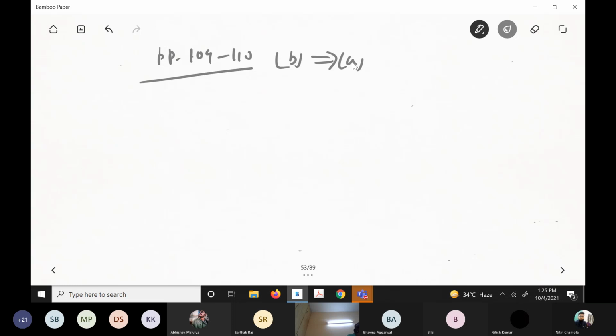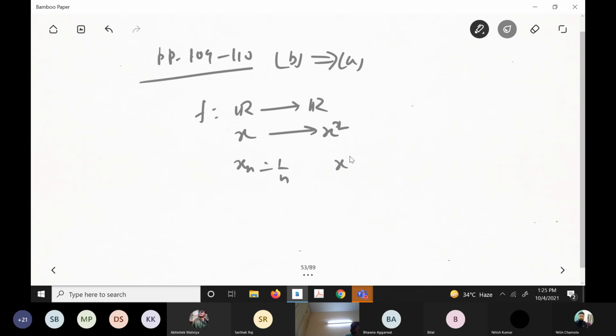Now look at the example I said is not uniformly continuous. You can use the definition of uniform continuity to prove it. It's not difficult, but it will be a little bit messy. But if I use this result, just now I was doing it, take x_n equal to 1 by n and x'_n equal to n plus 1 by n.